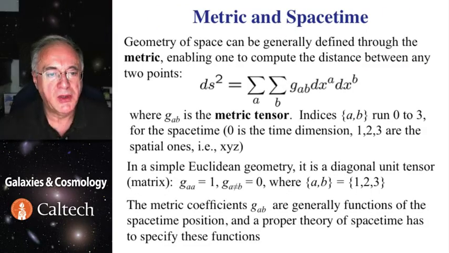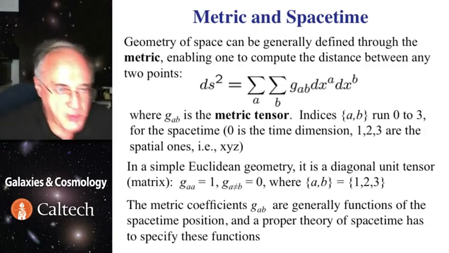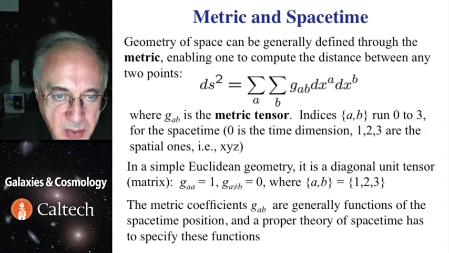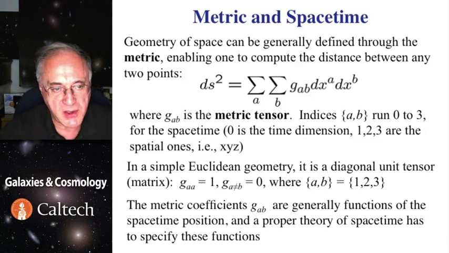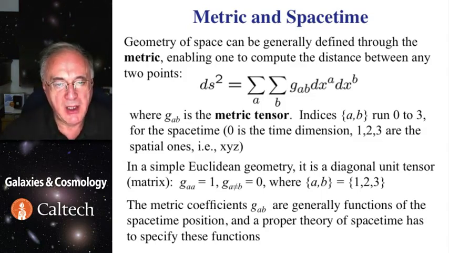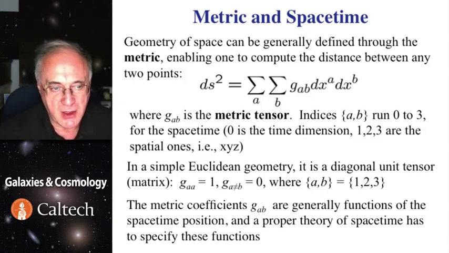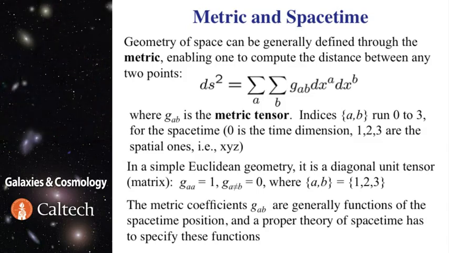So how do we quantify the geometry of space? The most general approach is to define a metric, which is a formula that gives the distance between any two points, and it's usually expressed in the form of a quadrature like here. That is the sum of products of increments in each of the two coordinates multiplied together, summed over all of them with some coefficients multiplying them.